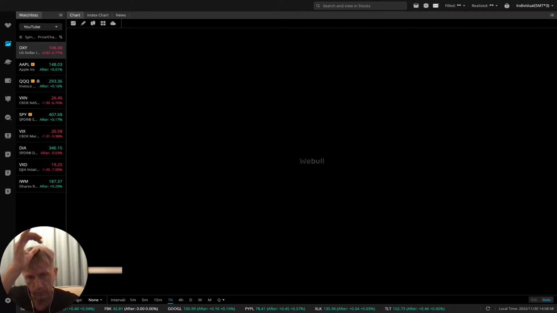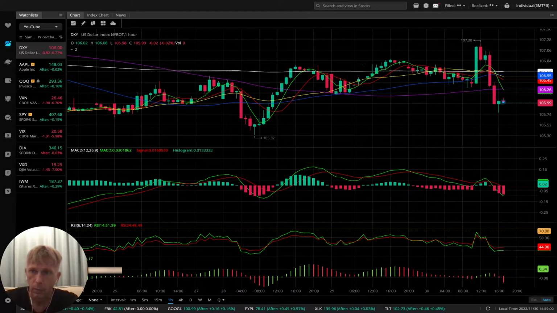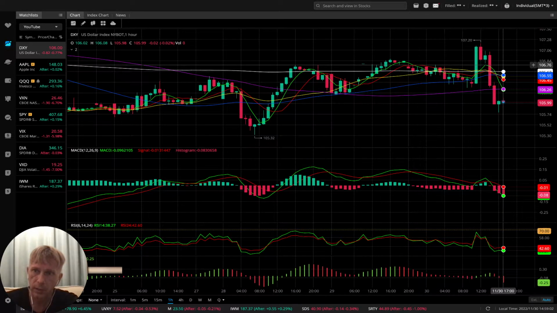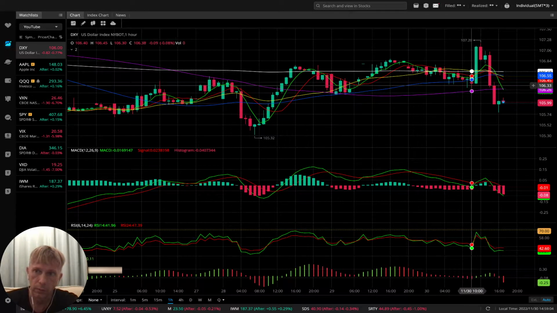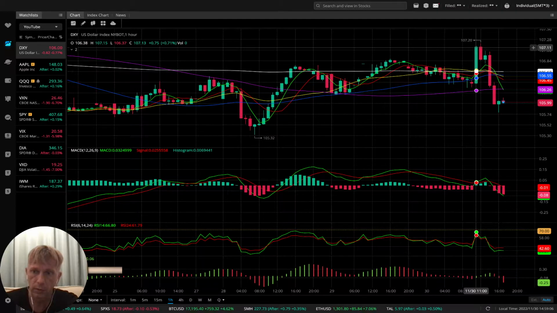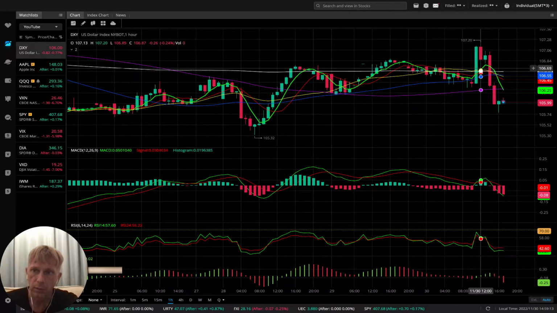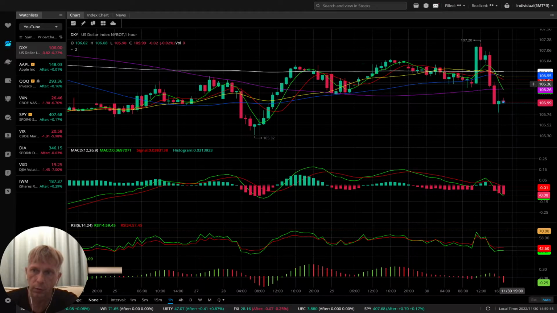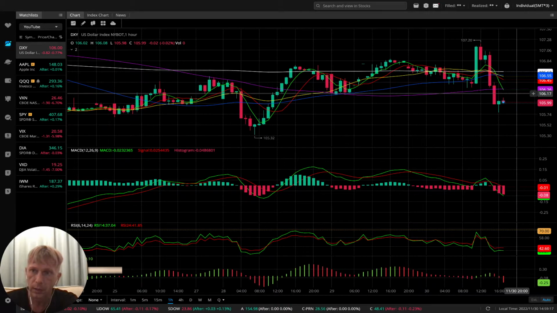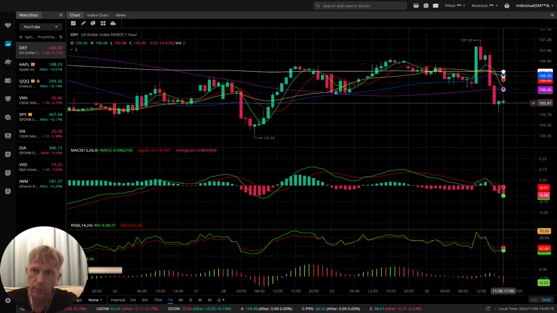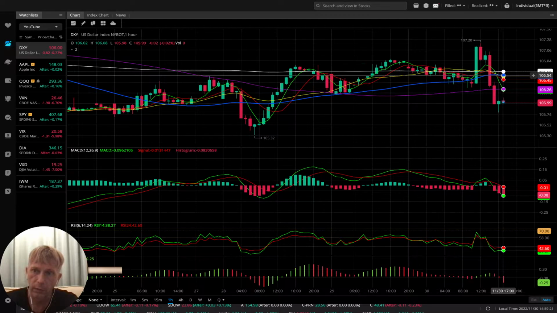Let's see 1 hour. 1 hour, definitely it's bearish, right? It was a strong bullish trend, and suddenly it changed to bearish. MA5 did a bearish crossover, MA20 did a bearish crossover, all changed direction to bearish. And look at it, the last bar is very far from MA20.